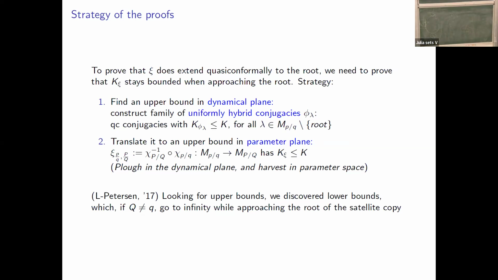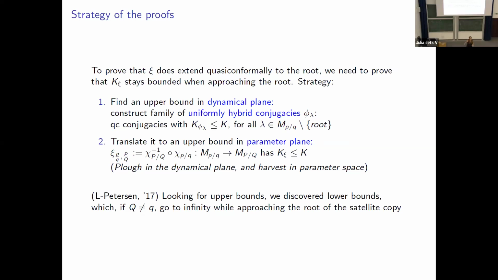So I just compose and they are hybrid equivalent between them. And what I want is a uniform bound on the dilatation of this quasi-conformal conjugacy. And then I want to translate this bound to the parameter plane.